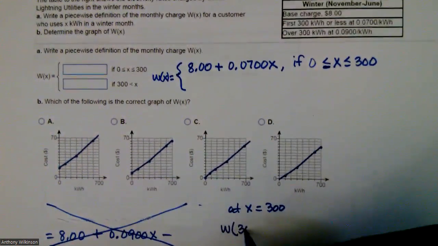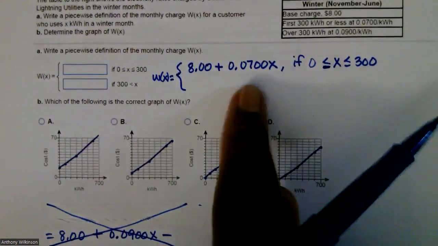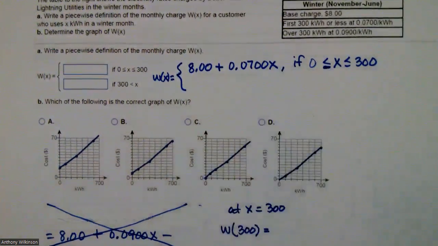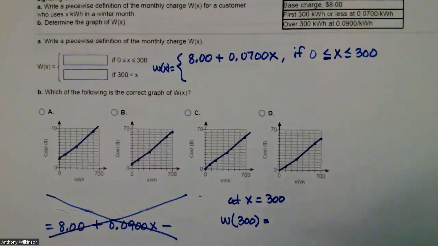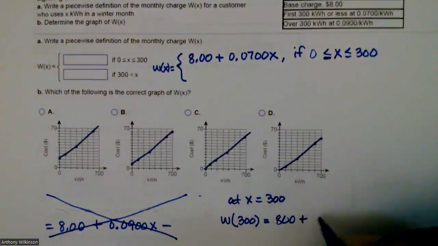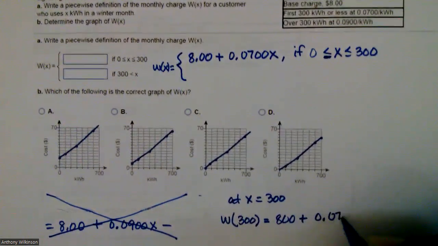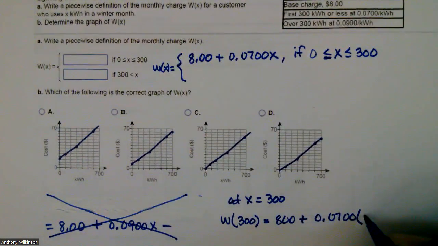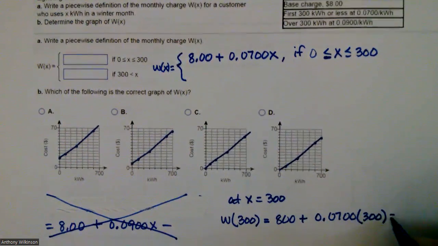That means W of 300 would be using this and replacing that x with 300. So it would be 8 plus 0.0700 times 300.